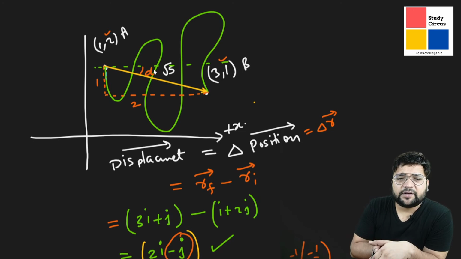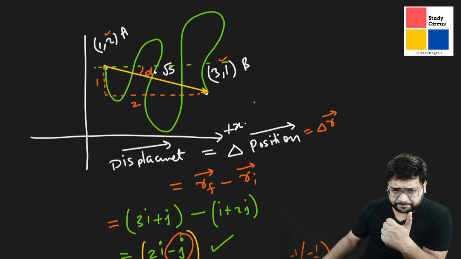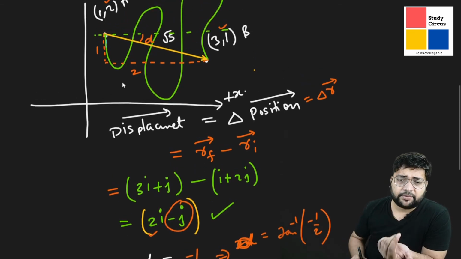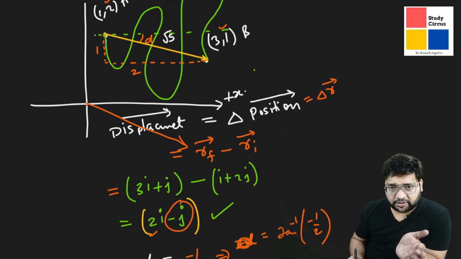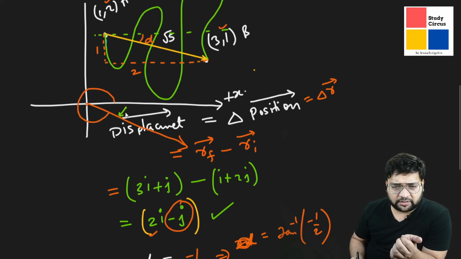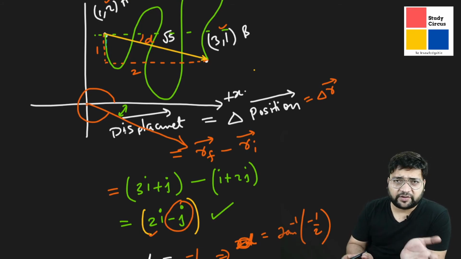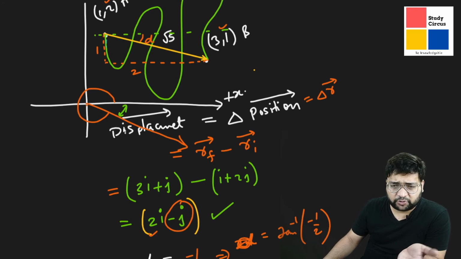It can be negative, or you can say it is an obtuse angle. If I draw the same vector here parallel to this, it's either this angle or this angle. It's simple trigonometry, you can say it either way, both of them are correct. So this angle is lying in the fourth quadrant.